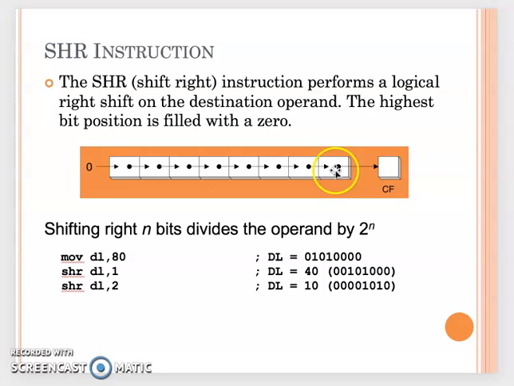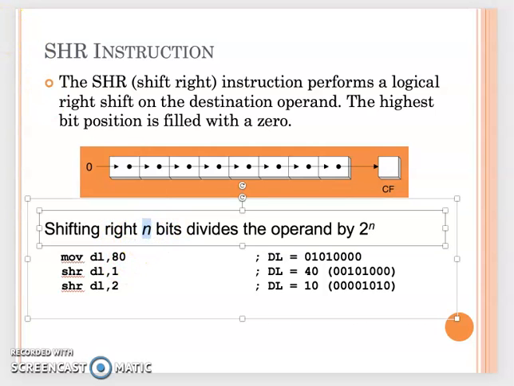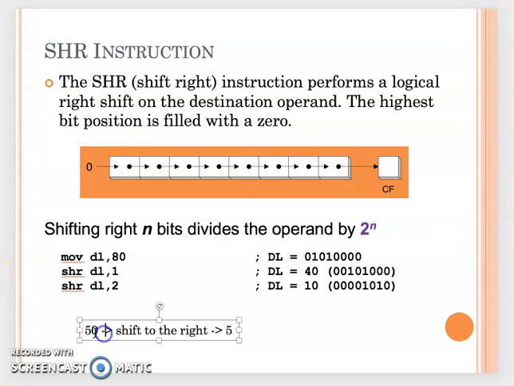The first bit we shift to the right will move to the carry flag. The opened-up position, since we do the logical shift, of course gets filled with a 0. So when we shift n bits to the right, it is just like you divide by 2 to the nth power. This is the same as real life, where we are base 10, right?